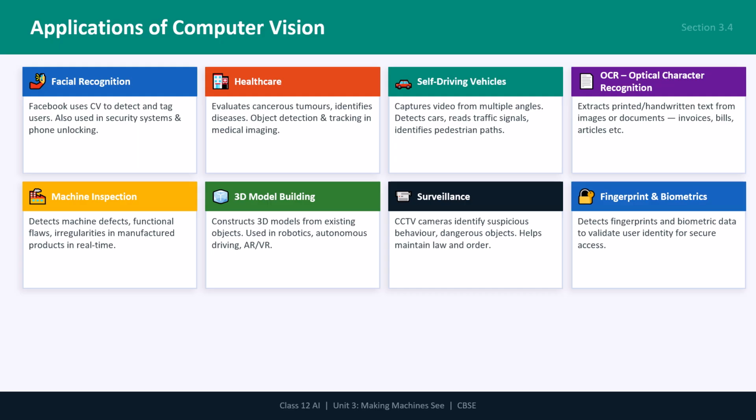Surveillance. CCTV systems with CV can identify suspicious behavior, detect dangerous objects, and help law enforcement maintain security.